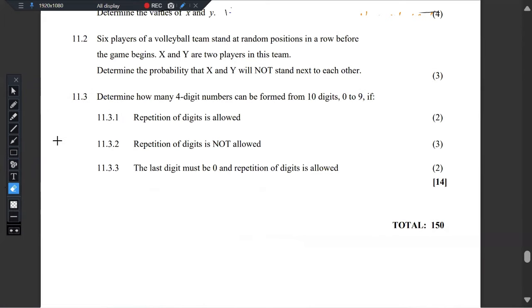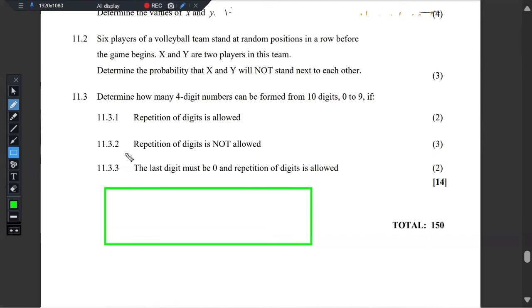Then for 11.3.2, they say repetition of digit is not allowed. So if repetition of digit is not allowed, that means if you use a particular digit, you are not supposed to use it on the next space, right? So again here, on the first one, I have only an option of 9. But then remember there are 10 digits. Here, if repetition was allowed, I was going to choose from 9. But then I have already put a number here from 1 up to 9.